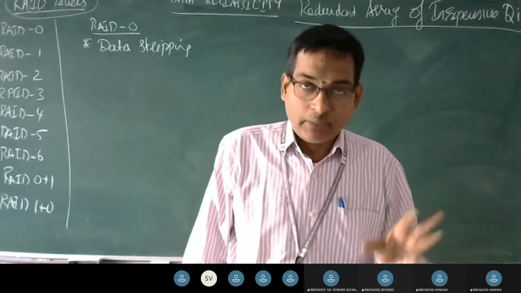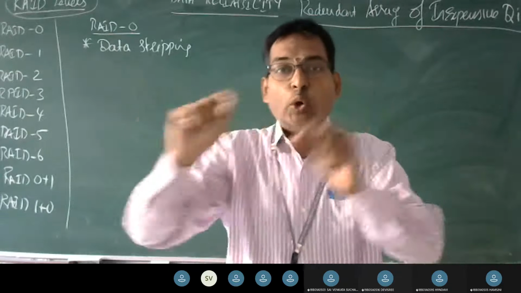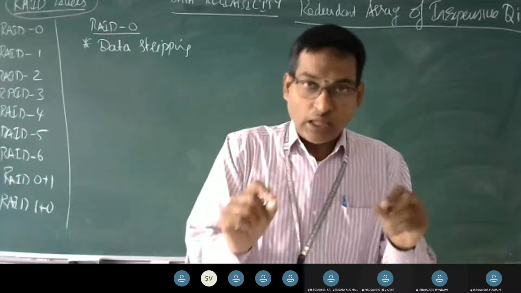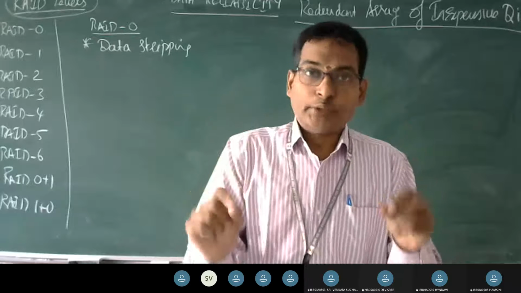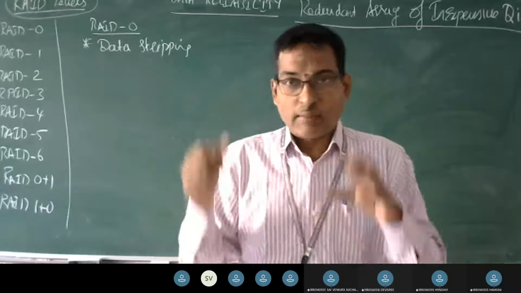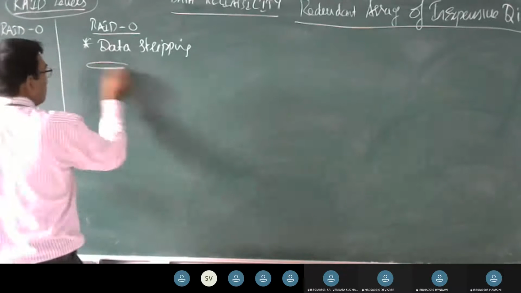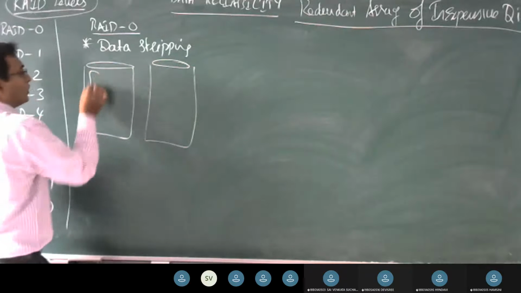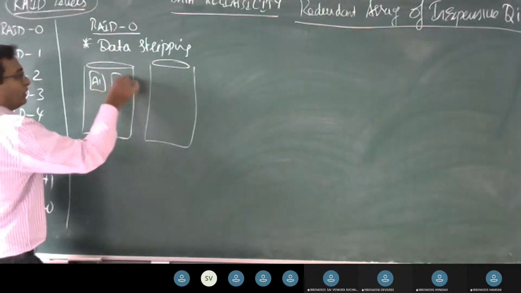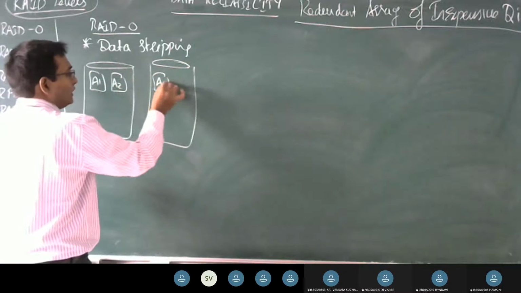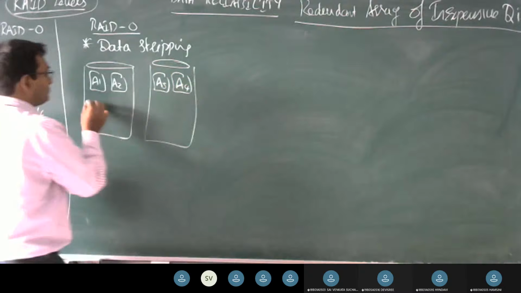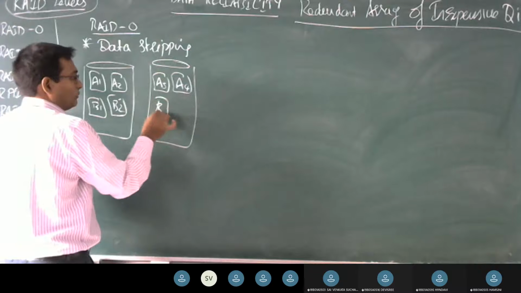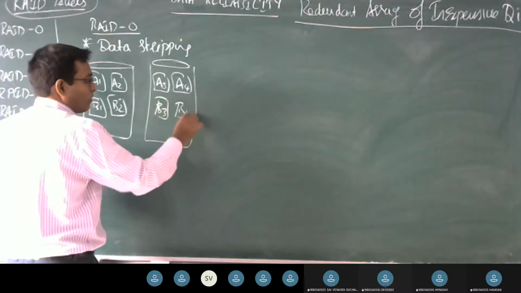So what does data striping mean? Data bits are partitioned across multiple disks. I am going to have disk 1 followed by disk 2. So I have A1, A2, A3, A4, similarly B1, B2, B3, B4.